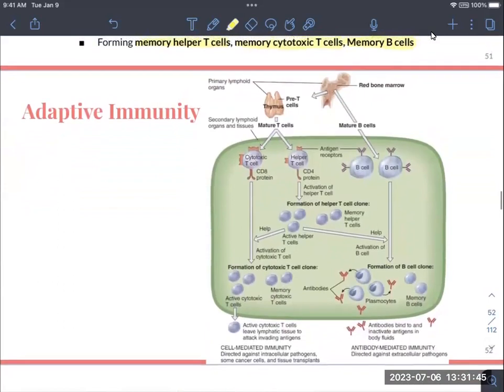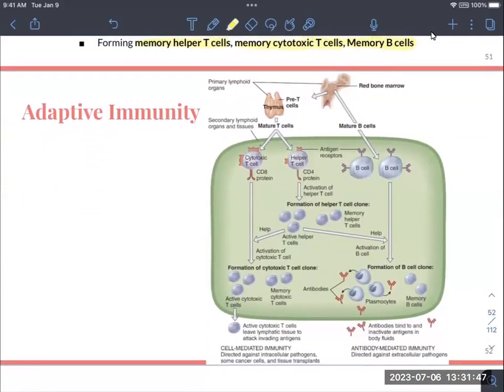again. So here is this entire process. That bone marrow and that thymus are where these different cells come from. We have our cytotoxic T cells, our helper T cells that are going to come out. They come across a specific antigen, these B cells as well. By coming across a specific antigen, they're going to replicate very quickly.